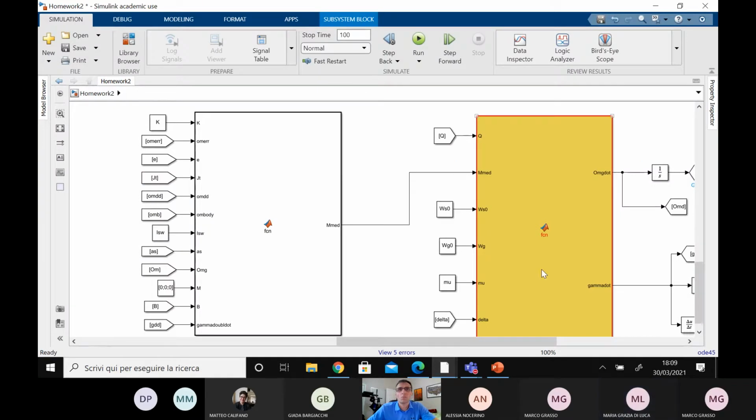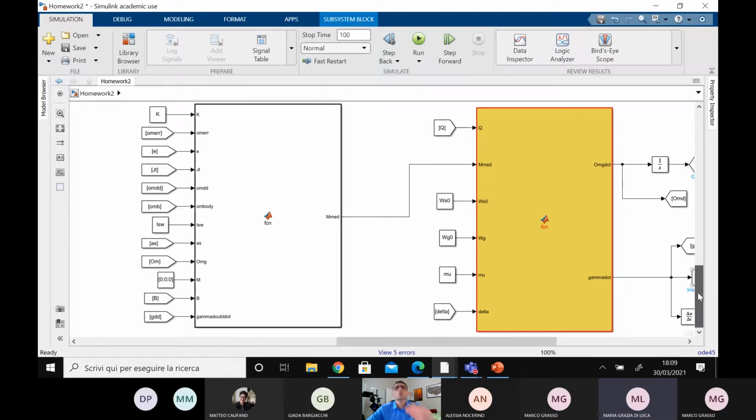Yeah, well, that's the one that receives the gamma double dot, right? This is the one. Let me see. No, this one is the one that has as an input gamma double dot. There's an error for that one as well. Yeah, there is an error for that one as well.